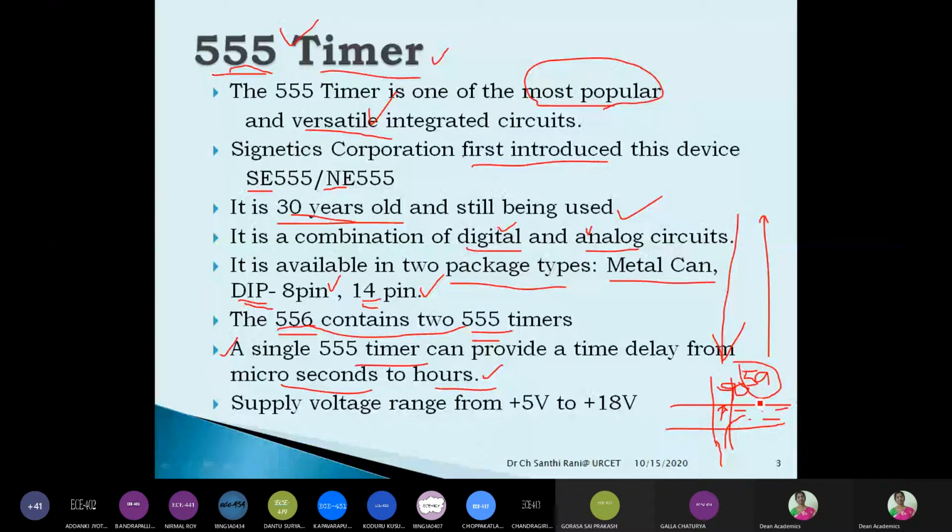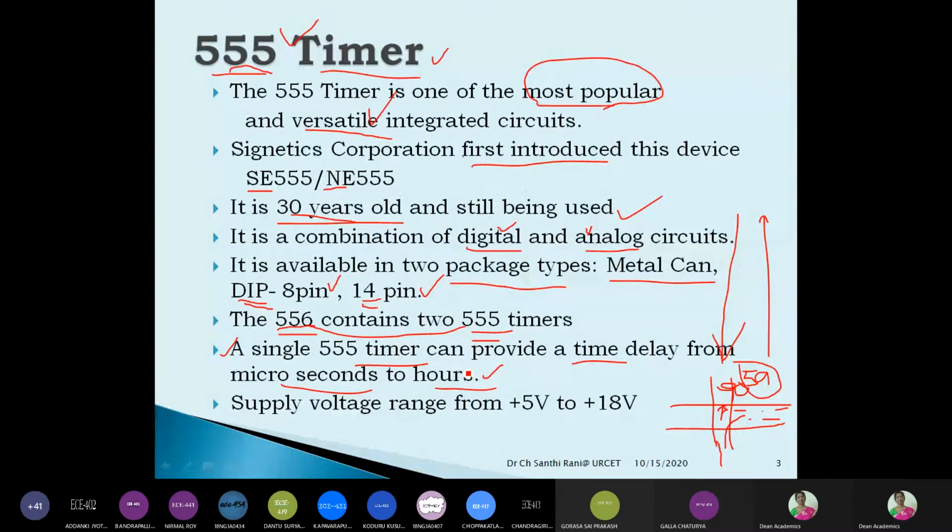So depending on the requirement, the timer can be designed to set the timing. Okay, so like that, this 555 timer can provide a time delay from microseconds to hours. You can set microseconds time, you can set hours together, right?